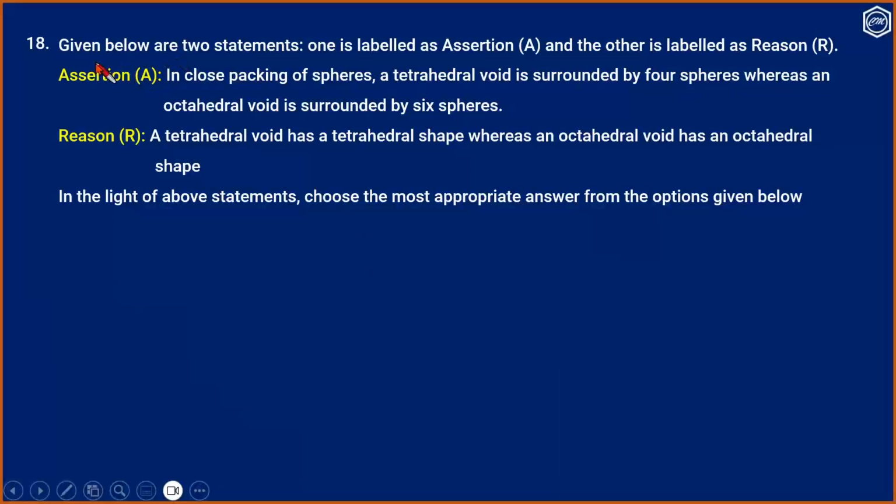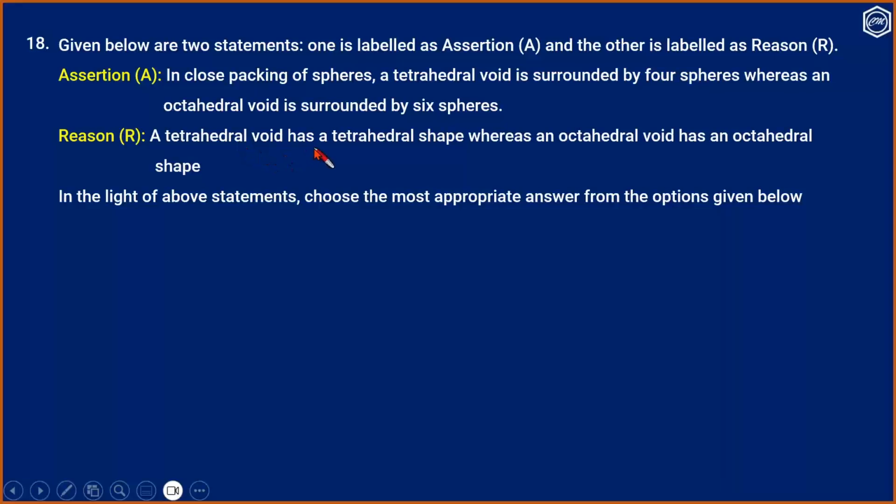An assertion reason type question. Given below are two statements. One is labeled as assertion A and the other labeled as reason R. Assertion A: In close packing of spheres, a tetrahedral void is surrounded by 4 spheres, whereas an octahedral void is surrounded by 6 spheres.